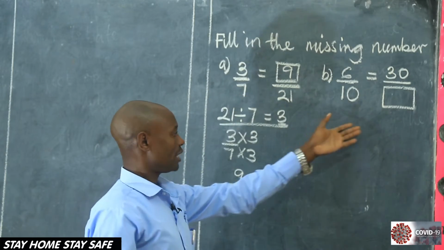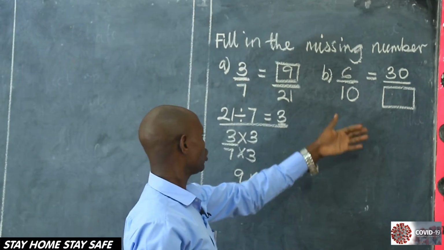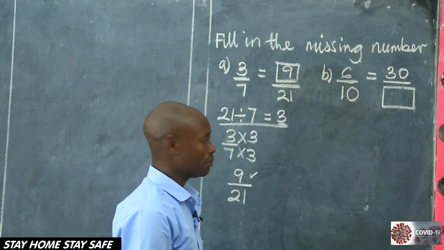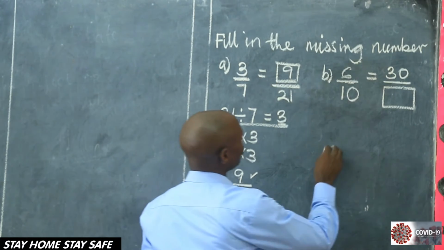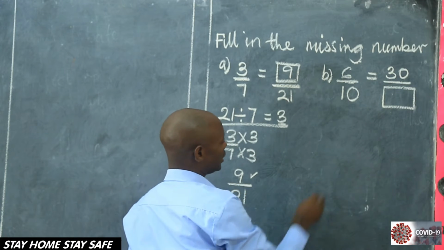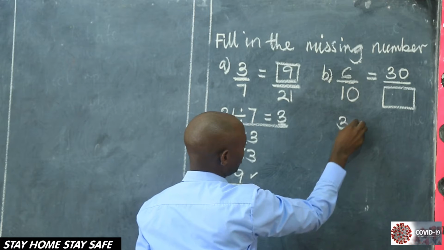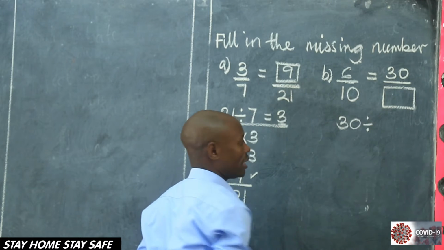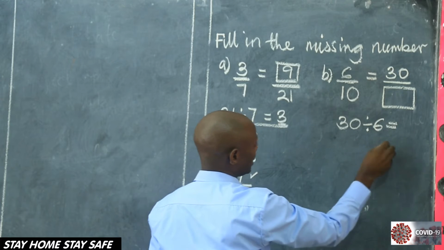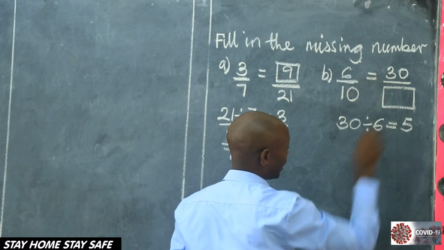We have another one where the denominator is missing, but the procedures are going to remain the same. So we are going to compare what has been given, and that is the numerator. So we shall have the bigger numerator, and we divide it by the smaller numerator, which is 6. 30 divided by 6, we shall get 5.